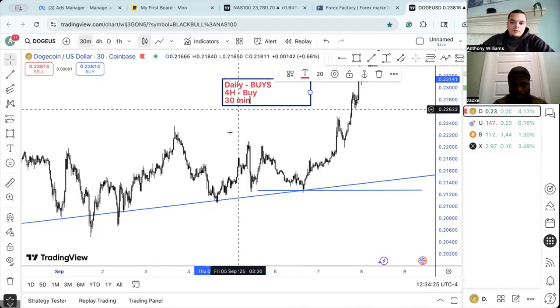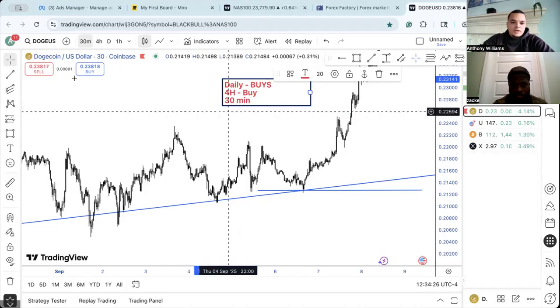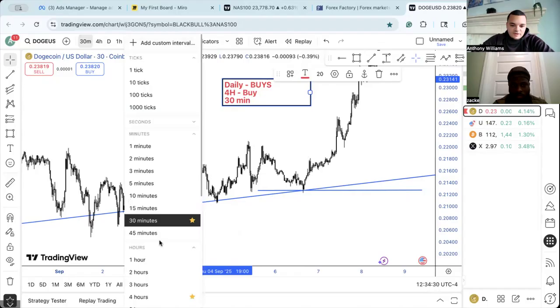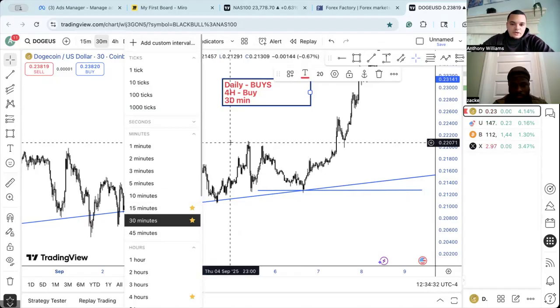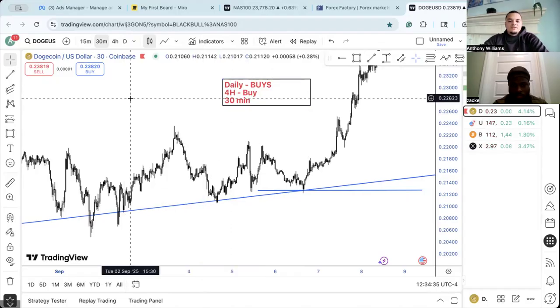So this is what you do every single day, every morning. This is what I do. Once I open up any of my charts, I have my daily, 4 hour, 30 minutes, and then my 15. 15 is where you could take an entry. I would rather be at the 15 mark and just place my trade, but that's just for entry.